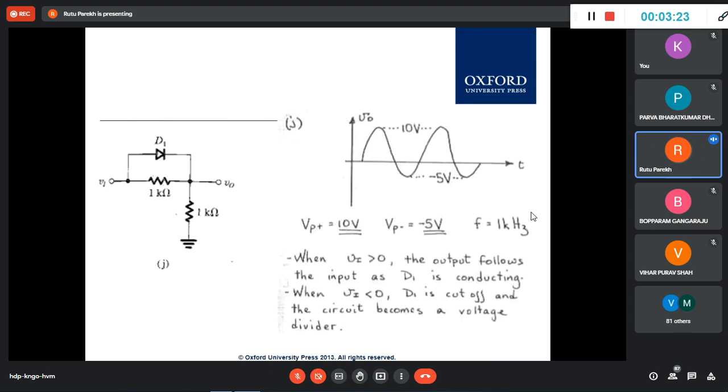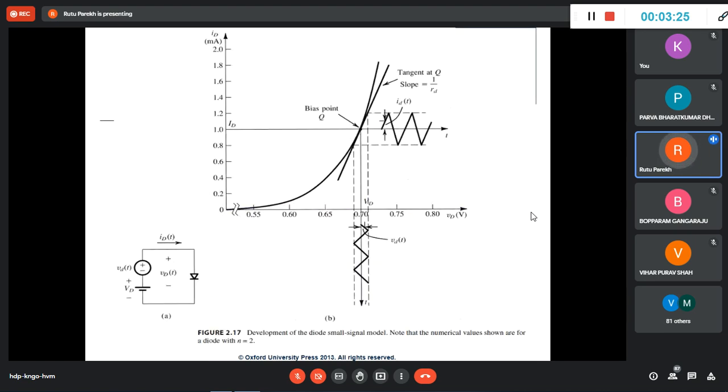Now what I explained last time is that this shows the IV curve plotted, and it shows the concept that there is a diode and a DC voltage which has a signal superimposed. This signal is the signal that you want to process.